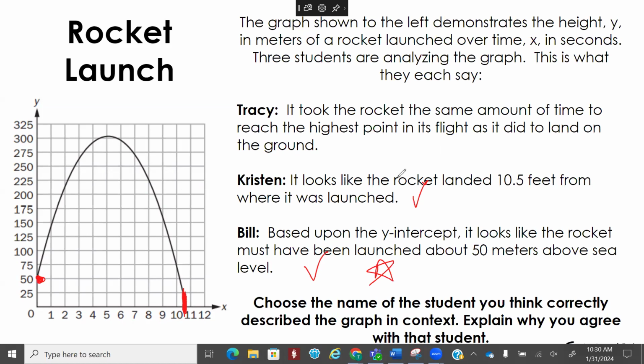And what about Tracy? So it took the rocket the same amount of time to reach the highest point as it did to land on the ground. So from the highest point, to reach the highest point, as it did to land on the ground. What do you think? Why not? Okay. So it's like 5.5-ish. Well, the halfway point is right here, right?